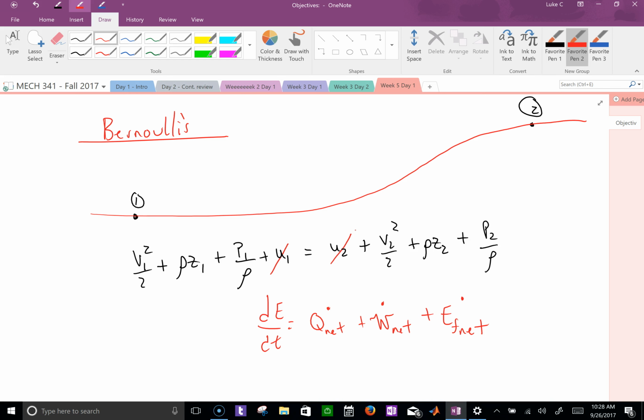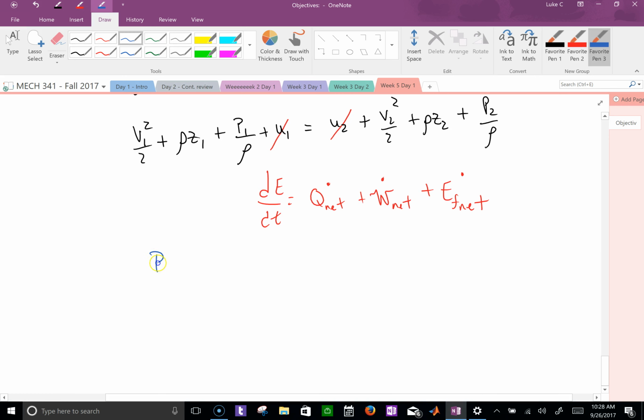You can bring in everything because there's no work, there's no heat, and it's steady state. So we just have this. Let's rewrite it in blue here: P1 over rho plus V1 squared over 2 plus rho Z1 equals P2 over rho plus V2 squared over 2 plus rho Z2.